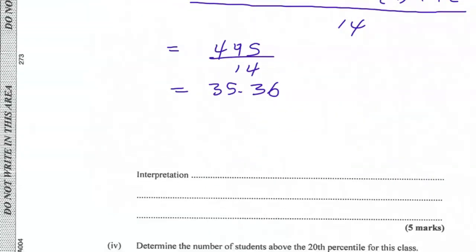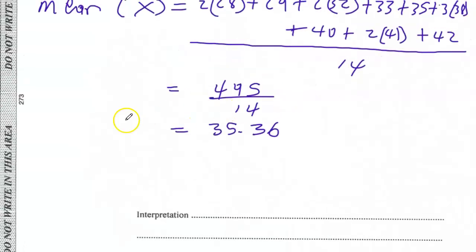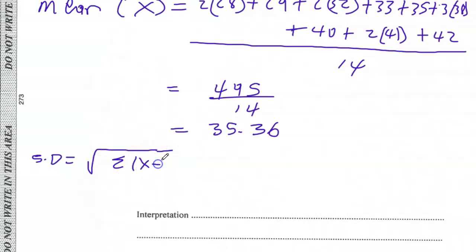So the formula for standard deviation, S, is equal to the square root of the summation of x minus x bar squared, over n.